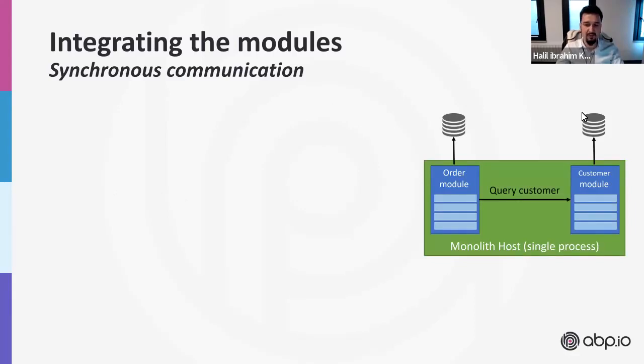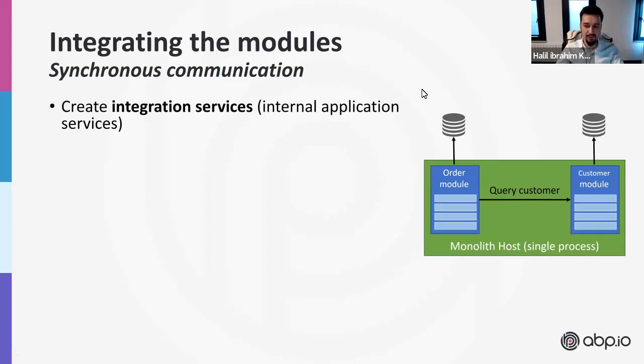For example, when you place an order, you may need to query the customer information first from the customer module. For this purpose, instead of directly using repository services or entities of the customer module, create an integration service that is specifically designed for this operation and use that integration service.